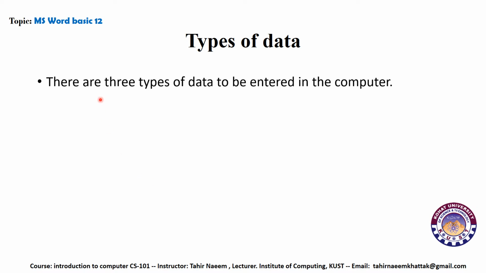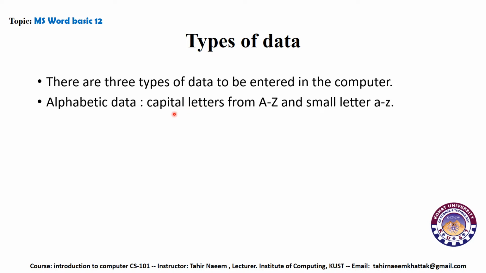There are different categories of data. Here we are classifying data into three types. In some books there are five types of data, but here we will try to keep things simple. The first is alphabetic data.